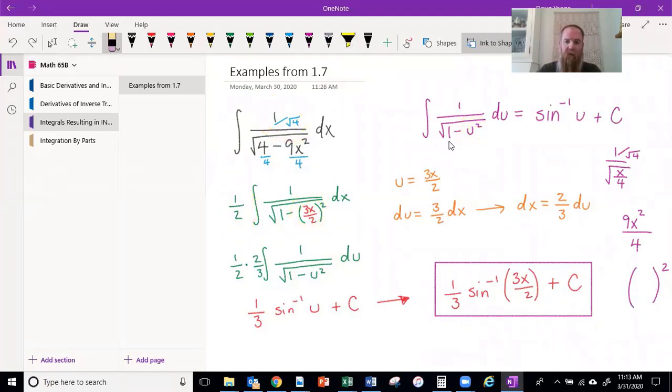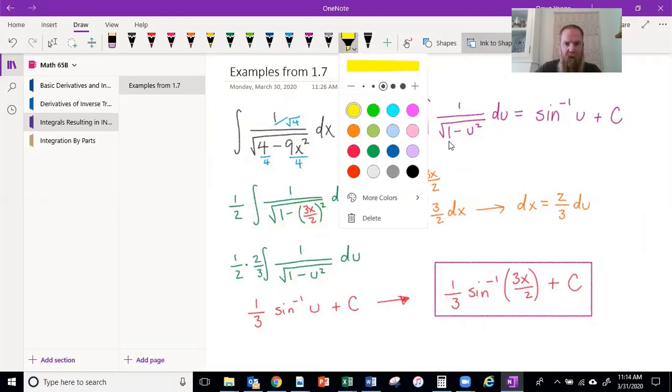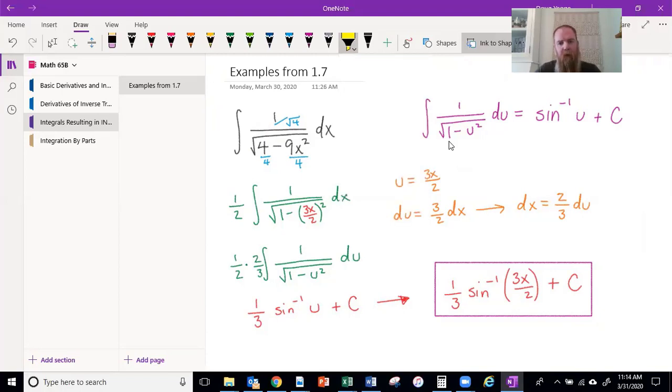So basically all I've done is, let me kind of get rid of all of this. So if we take a look over here, this function is exactly the same as getting rid of the 1/2 and putting the 1/2 inside, right?